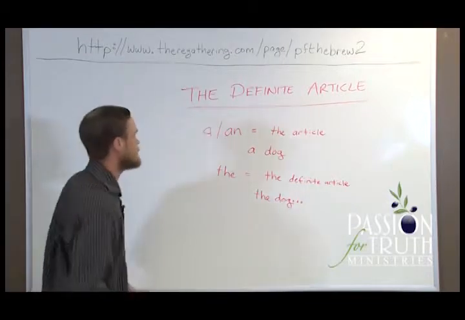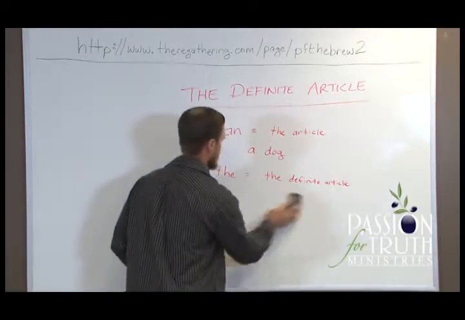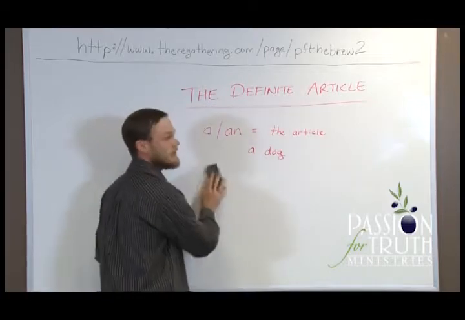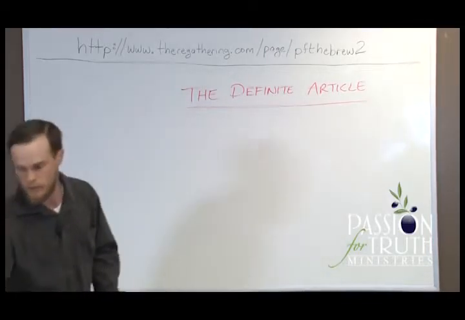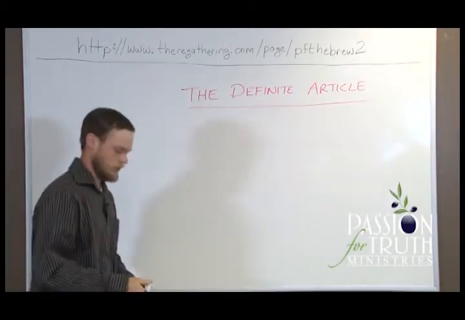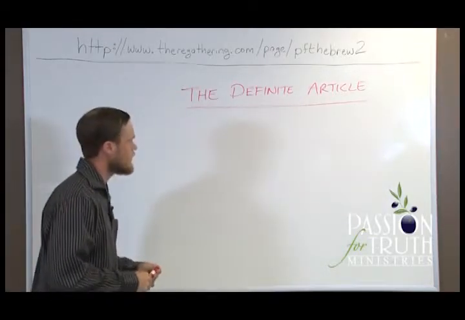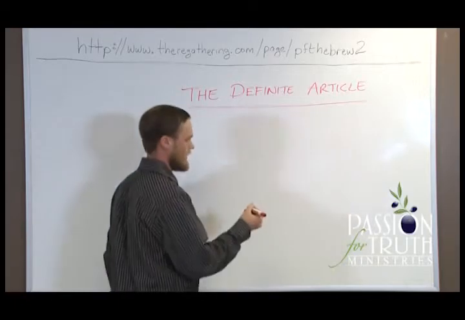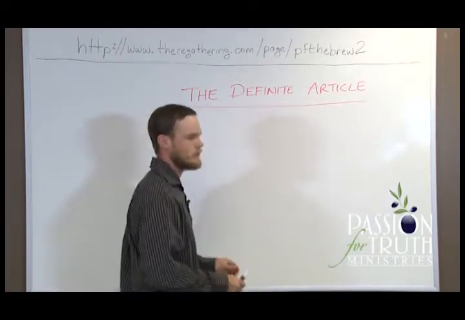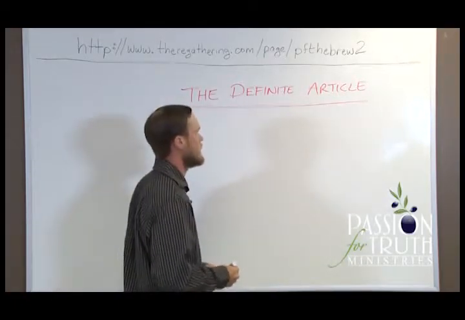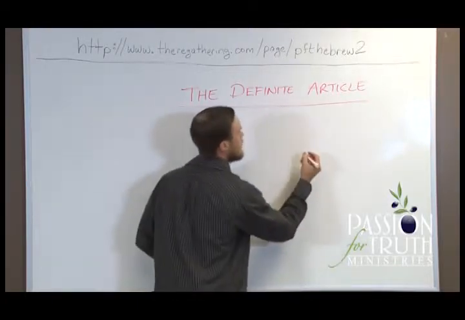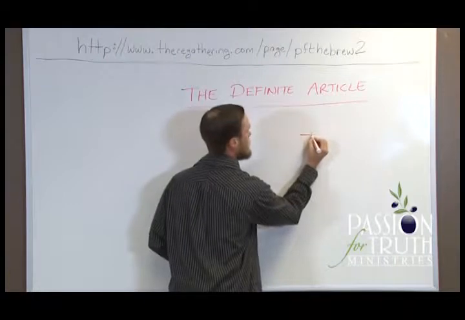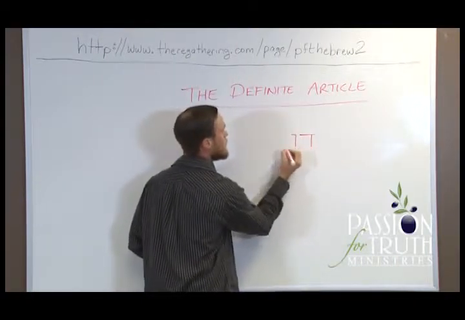In Hebrew, the definite article is indicated by a prefix that is attached to the noun we're making definite. So for a Hebrew word, let's just use dode.